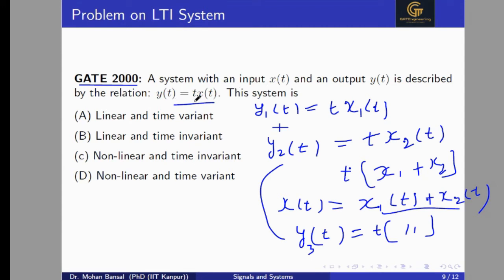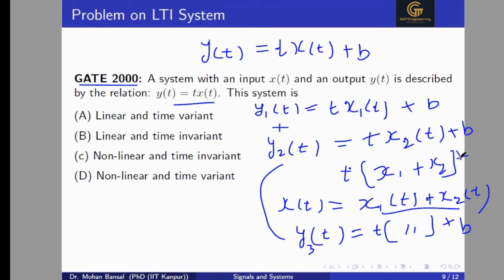I have already told you y(t) is directly proportional to x(t), so it will become linear. Directly you can see that if the expression is given like this, y(t) equal to t x(t) plus b, this will become non-linear, because in this case you will get b, and in this case you will get b, and at this place you will get 2b because of the addition of y1 and y2, and this expression will not be equal, so it will become non-linear.